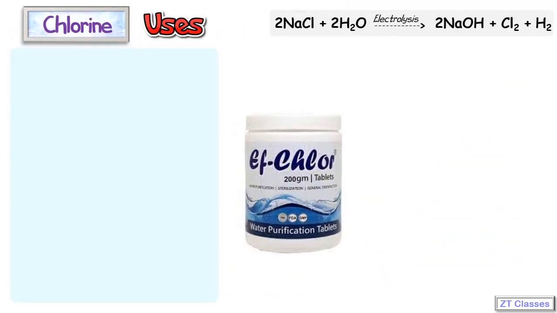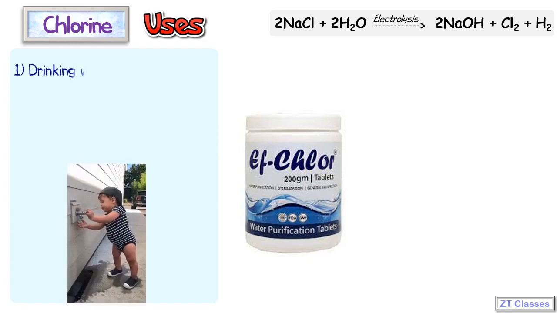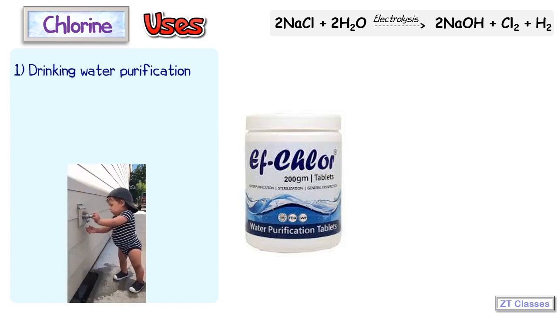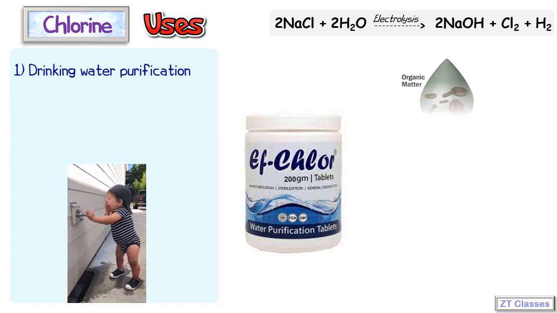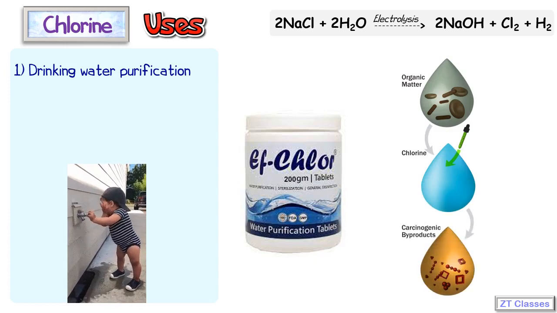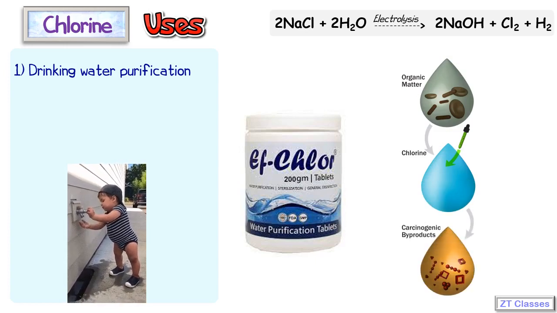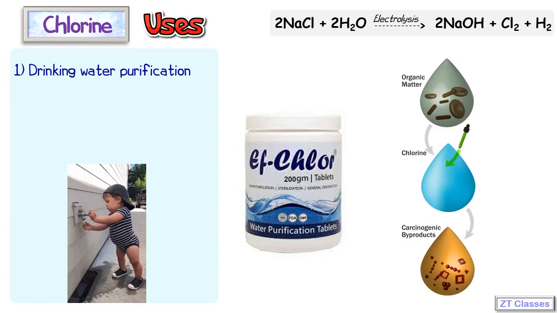As discussed earlier, this part of the chapter is all about the products which we can obtain, their common names and their uses. Let's take the first product, chlorine gas. Chlorine is a very good disinfectant. Chlorine tablets are used to purify drinking water.